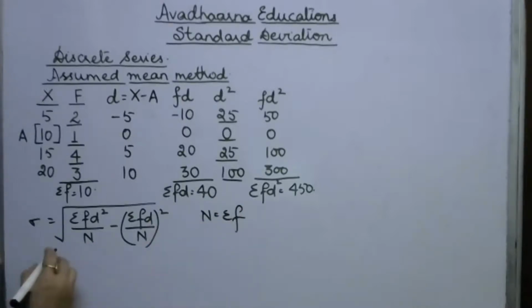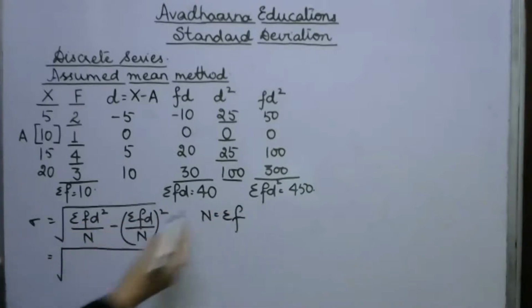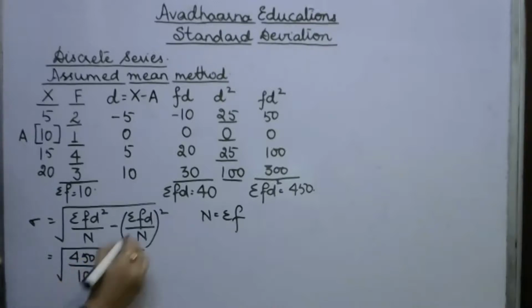So if we substitute the values, we are going to get under root of 450 upon 10 minus 40 upon 10, whole square.